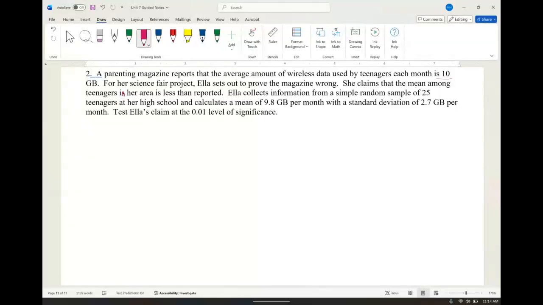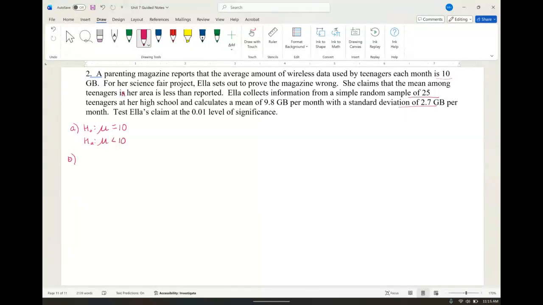Ella collects information from a simple random sample of 25 teenagers at her high school and calculates the mean of 9.8. And we have a standard deviation of 2.7. Our null hypothesis is that it equals 10. And the alternative, she's trying to prove it's less than 10.